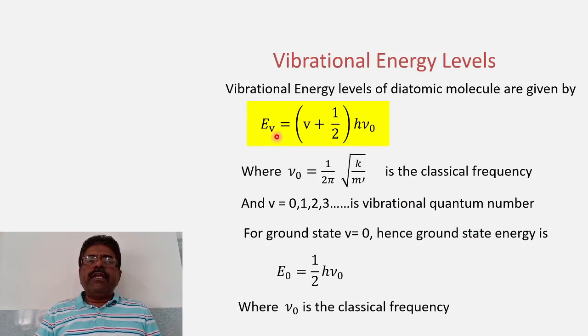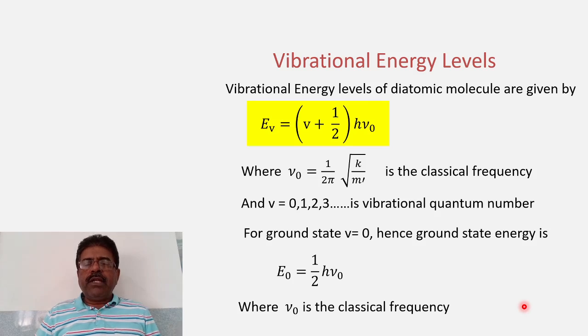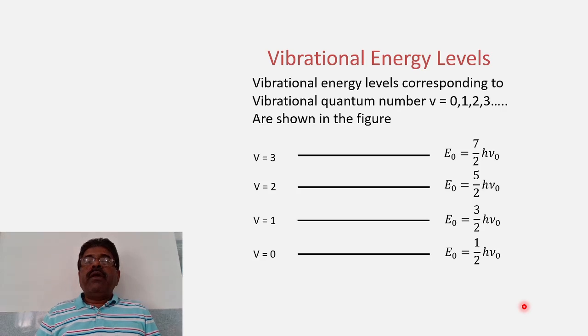By substituting v equal to 0, and using the suffix 0 to represent the ground state energy, E0 is equal to 1 half h nu 0, where nu 0 is the classical frequency given by this equation. So this is the vibrational ground state energy of the diatomic molecule.